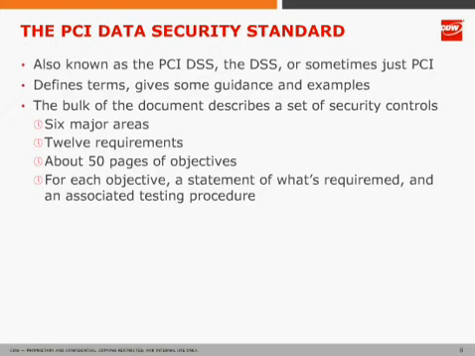And for each objective, reading left to right, you get a statement of what's required. And I see I've cleverly spelled required there, "require med." You'll have to just take me at my word that what I meant was required. There's a spurious ME in there. And so it's got a label, a statement of what you're supposed to do, and a testing procedure. So how do you know that the person did this? And that's kind of what the DSS looks like.